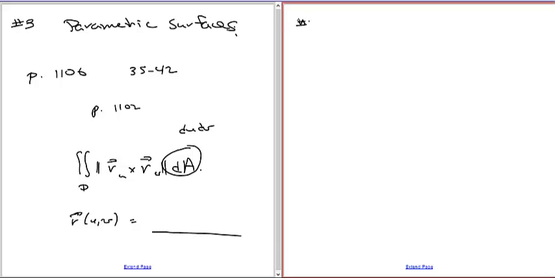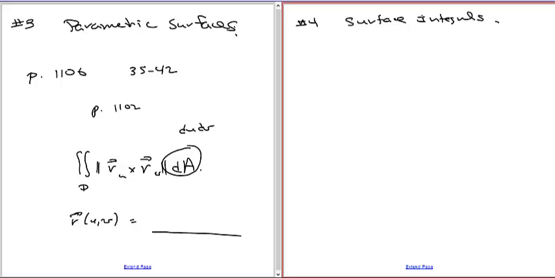Number 4, surface integrals. So you have to be given some kind of a parametric surface, and then figure out the surface integral.